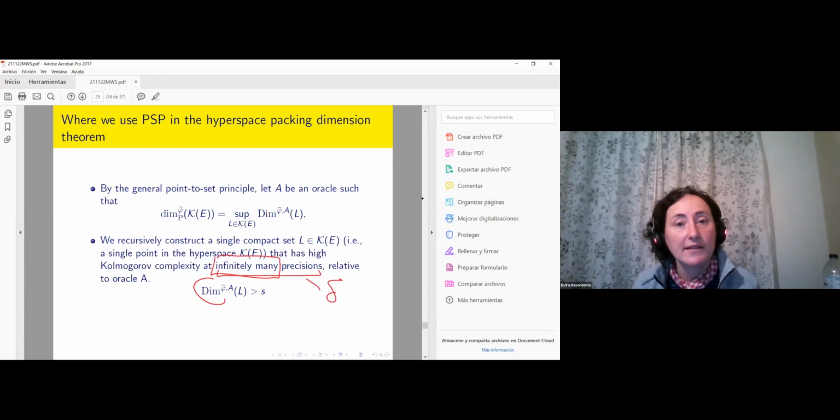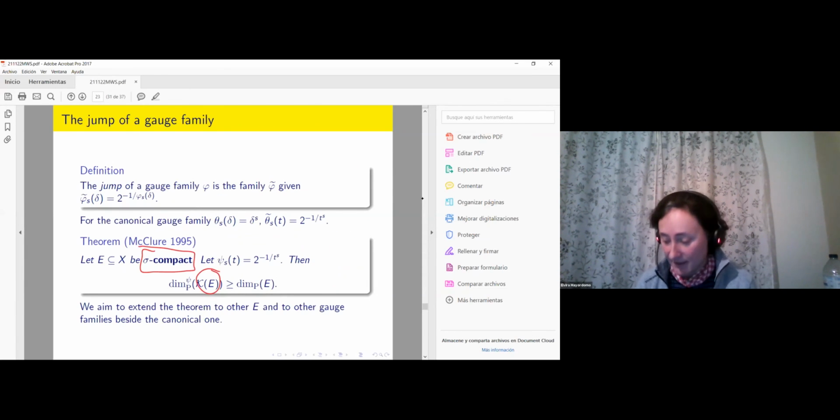So this theorem, if you change sigma compact by self-similar, you get equality. And what happens with self-similar is that both for the set and for the hyperspace of that set, box and Hausdorff dimension coincide.